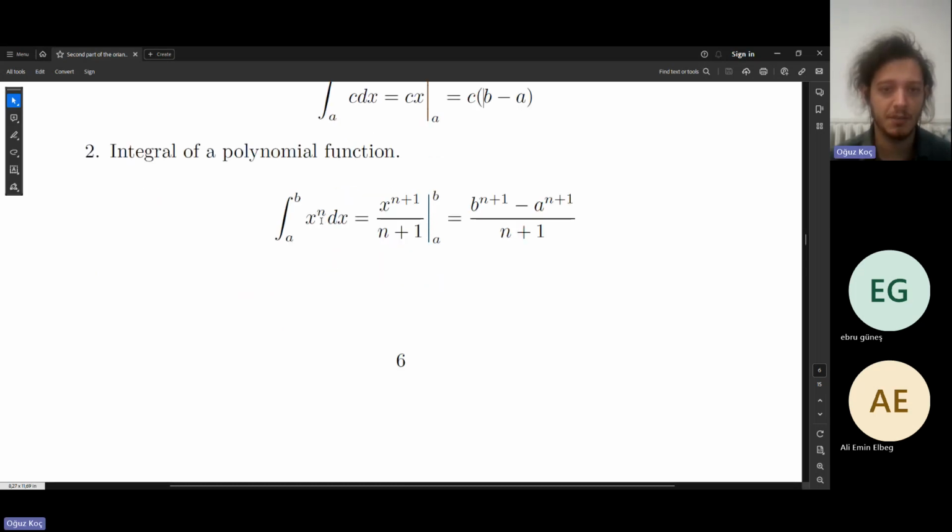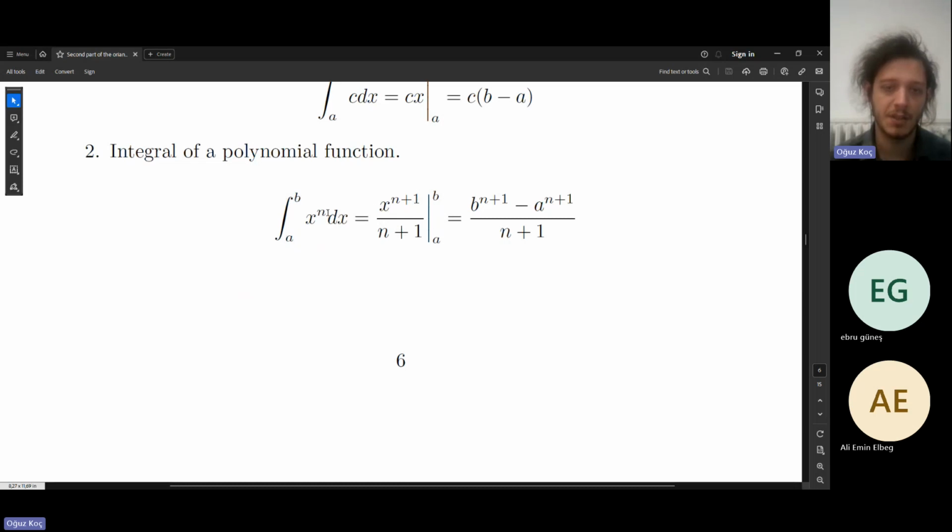In this case, we have the function nth power of x, and we take the integral of this function with the upper limits b and a, and the integral of this function is equal to n plus 1 power of x over n plus 1.